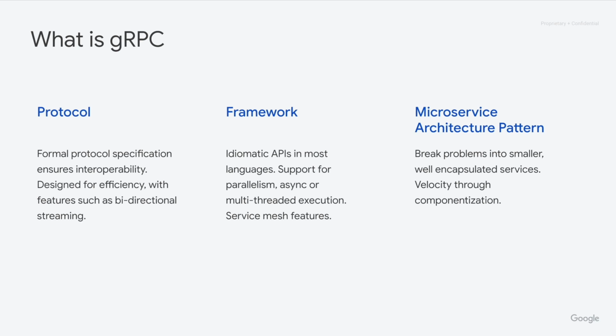But gRPC is also part of this movement to build microservices, to try and decompose large monoliths and large problems into smaller self-contained services that communicate with each other and work together to provide complex functionality. And that's the third way of thinking about gRPC.